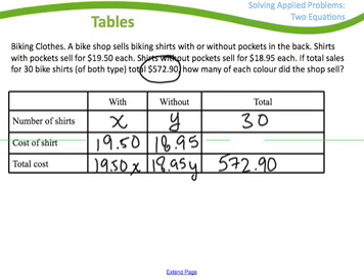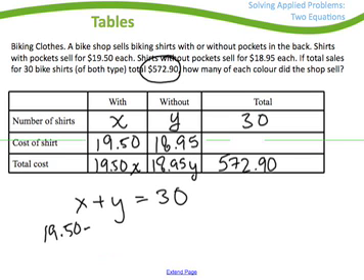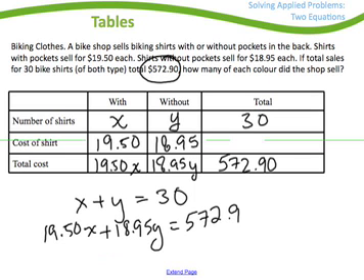Okay, I've got two equations. X plus y is equal to 30 and 1950x plus 1895y is equal to 572.90.